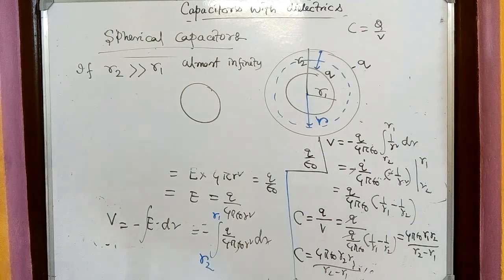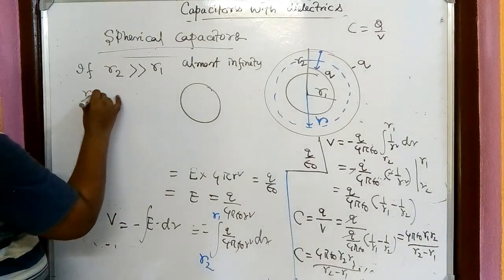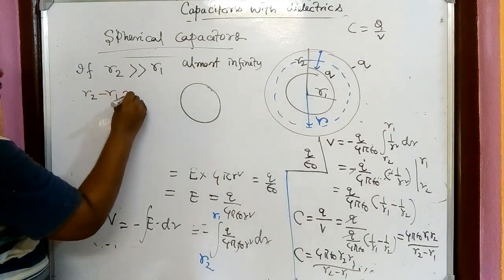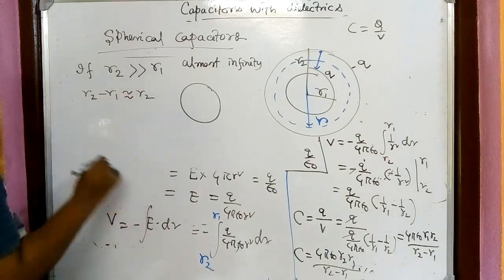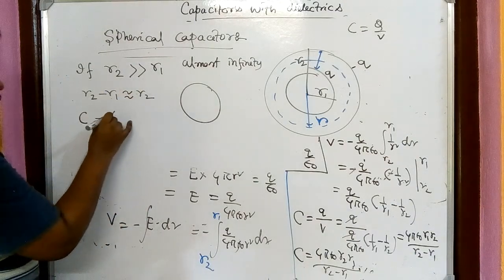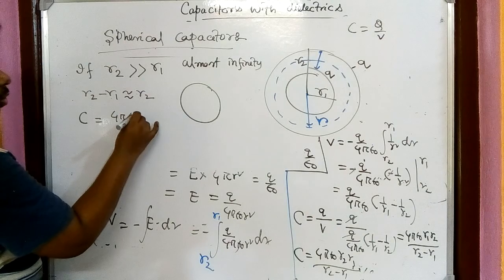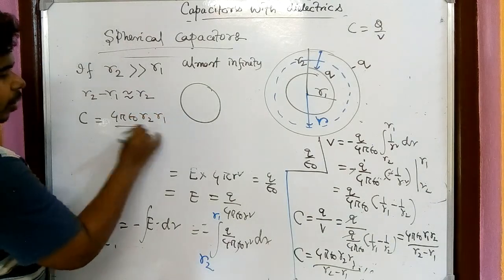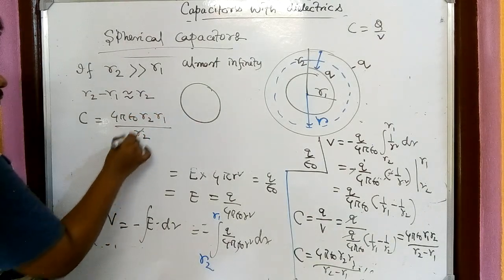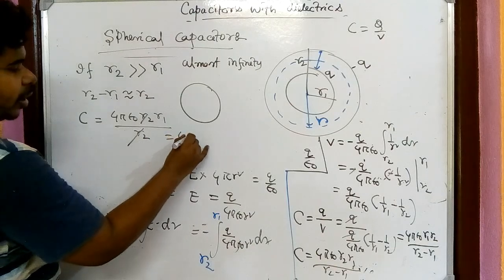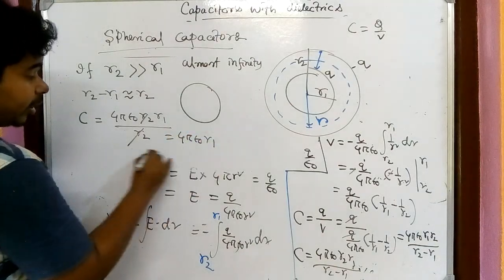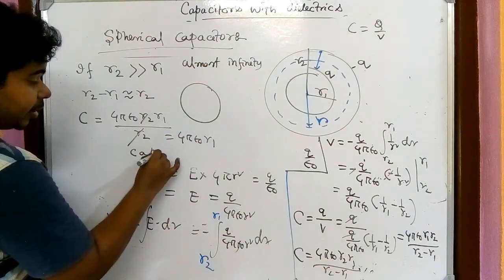Then R2 minus R1 is nearly equal to R2. So C equals 4 pi epsilon naught R2 into R1 by R2, which is 4 pi epsilon naught R1.